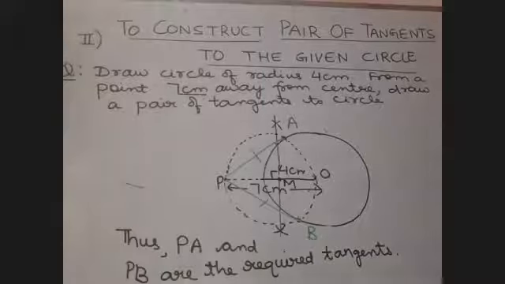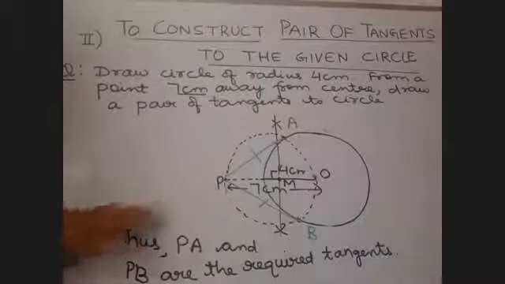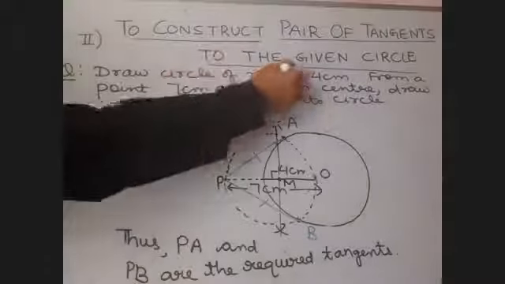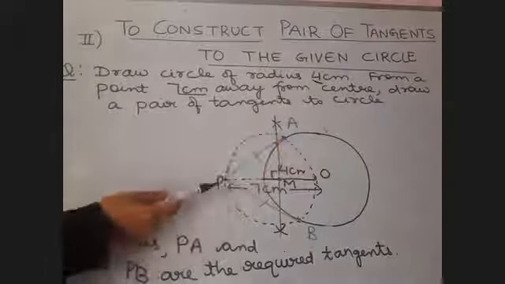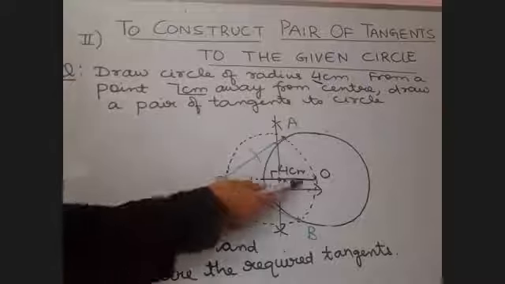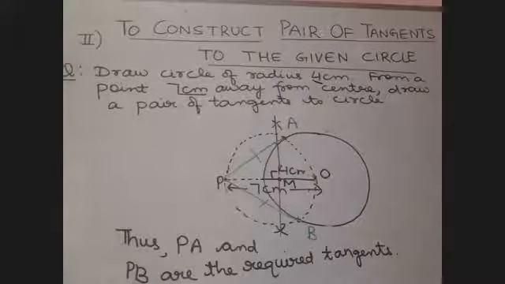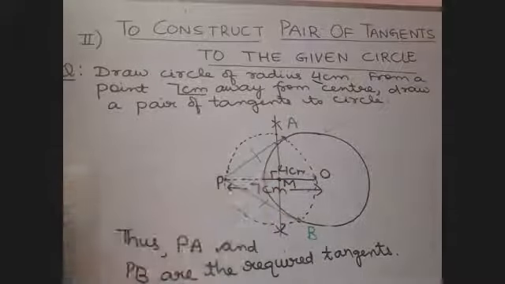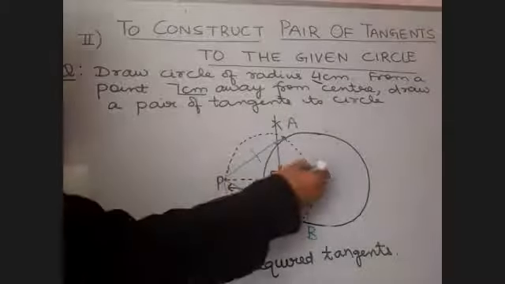I'm just repeating the steps. Step 1, draw a circle with radius 4 centimeter. Step 2, take a point P such that OP is equal to 7 centimeter. Step 3, draw the perpendicular bisector of OP.